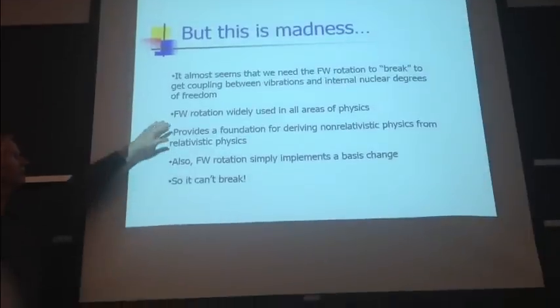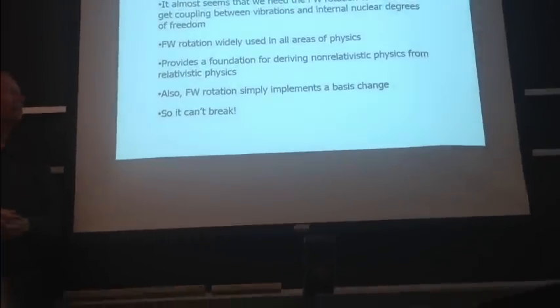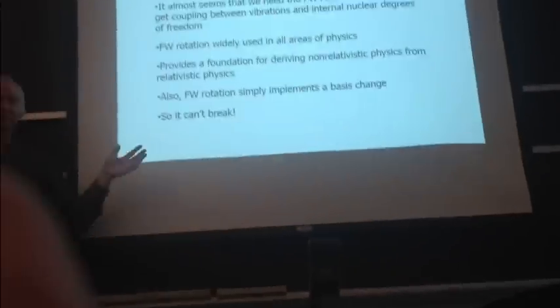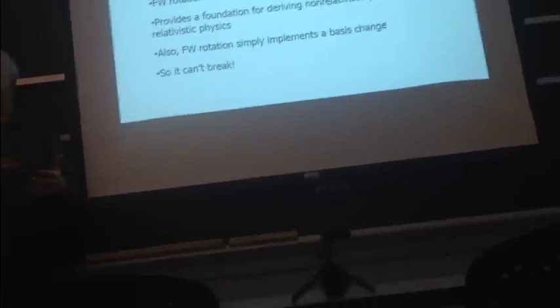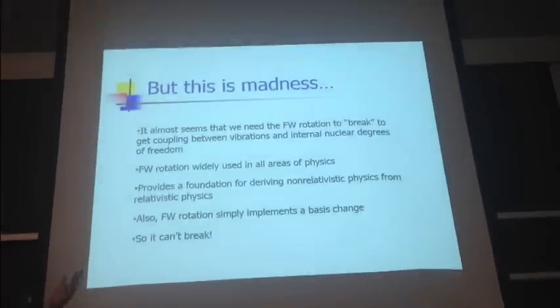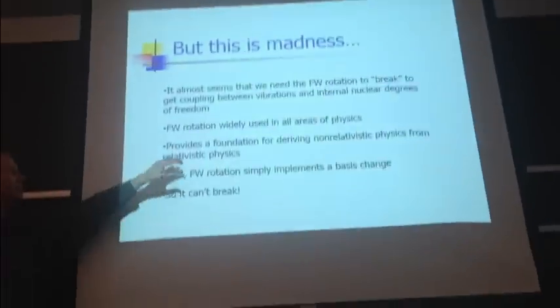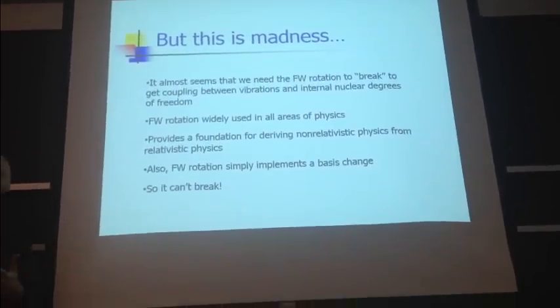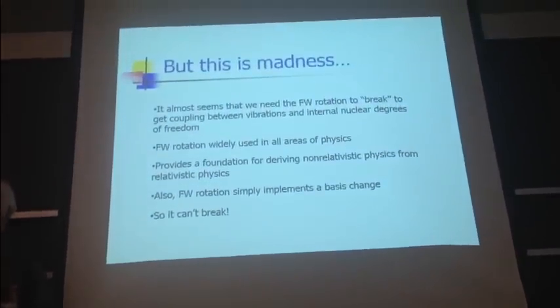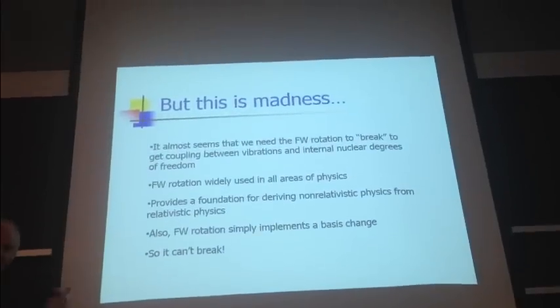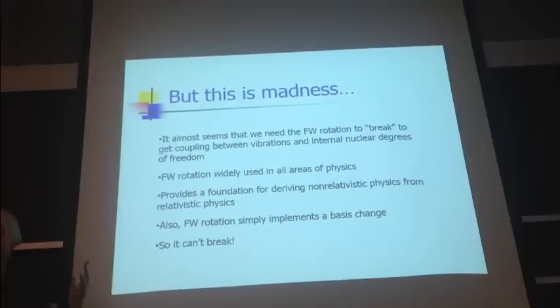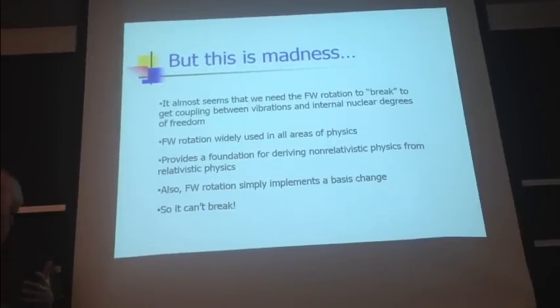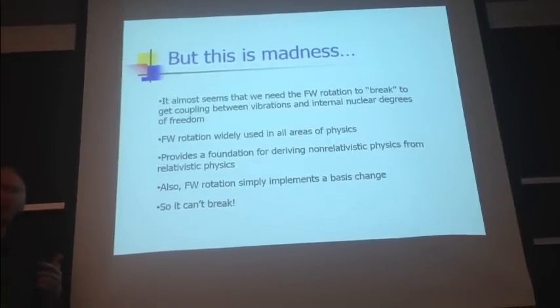Now, Foldy-Wouthuysen appears, this rotation appears everywhere in physics, and not everywhere in physics. This Foldy-Wouthuysen is the foundation for our understanding of non-relativistic physics. We start with a Dirac type formulation, relativistic formulation.